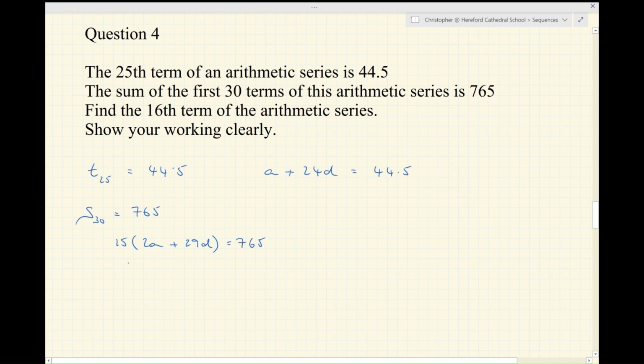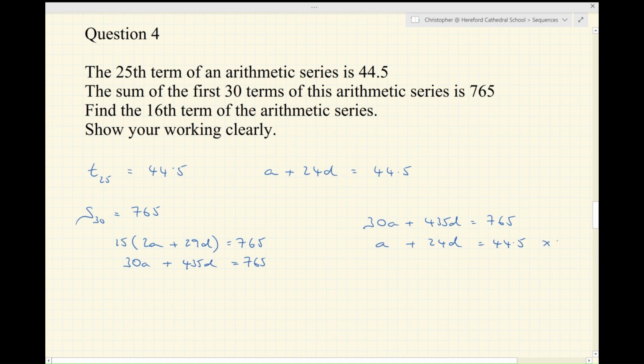So that tells us that 30A plus 29 times 15, 435D, equals 765. So now I've got two equations. I've got 30A plus 435D equals 765, and A plus 24D equals 44.5. So if I solve those simultaneously, I'll be able to find values for A and D.